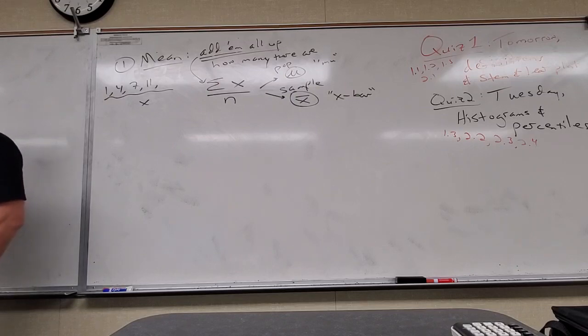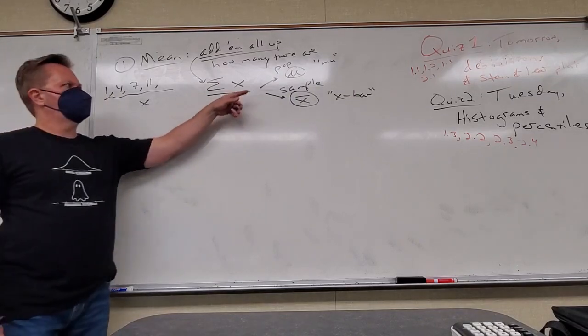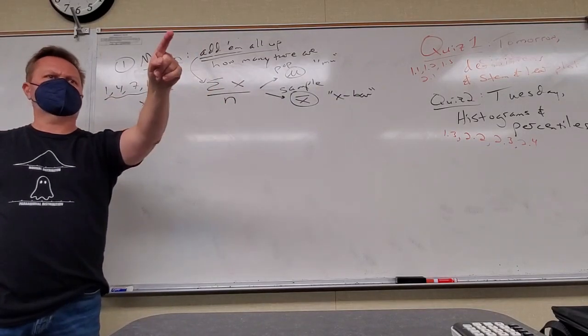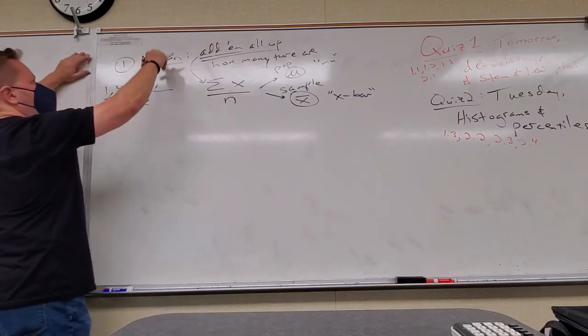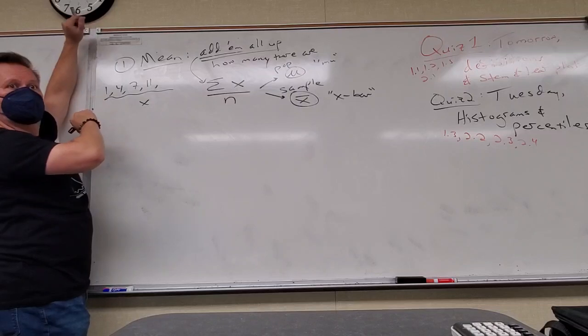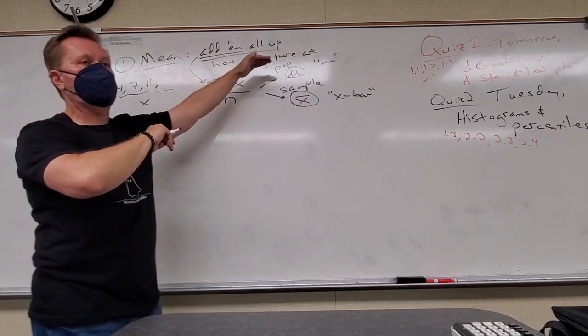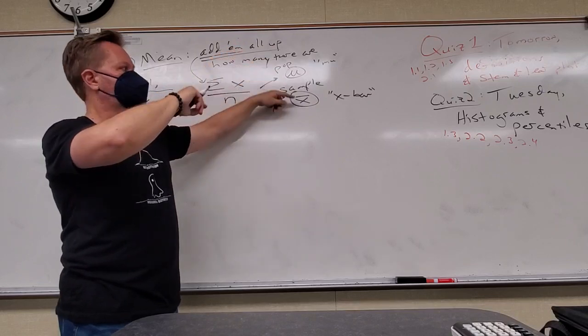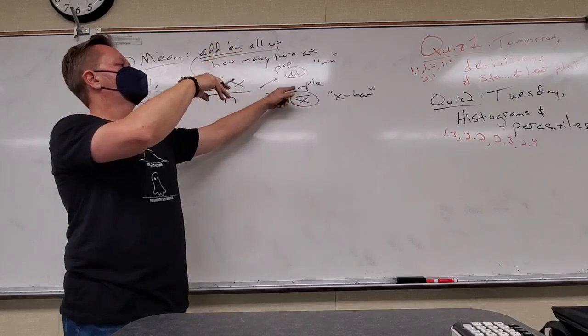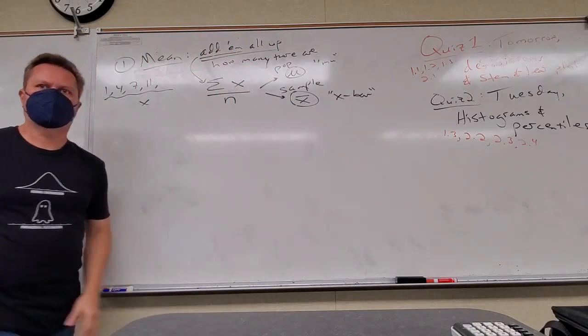Both have the same formula, which is kind of silly. I think the book puts a capital N for population, but the book's insane. Yes? Are they also mean and average? Yeah, mean is just another name for average. Those are both averages. If I see the letter mu, it's a population they're talking about. If I see the symbol x bar, it's a sample they're talking about.